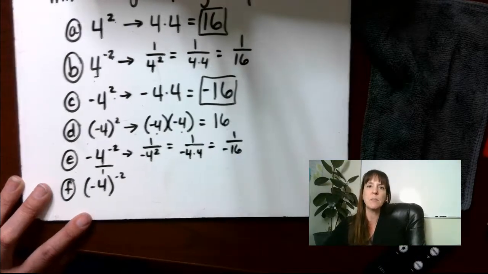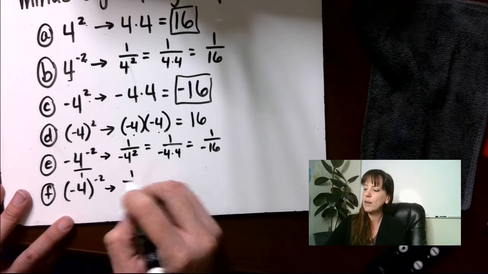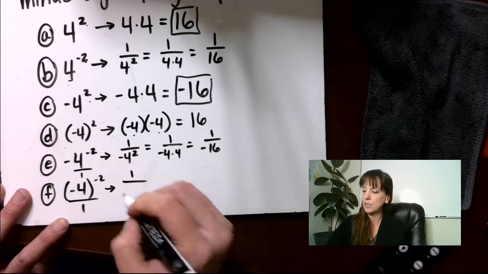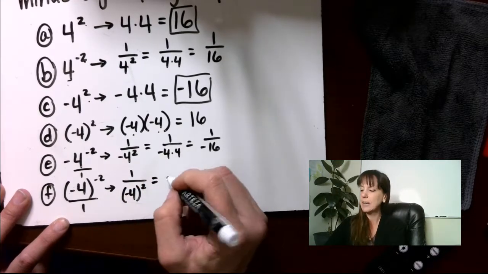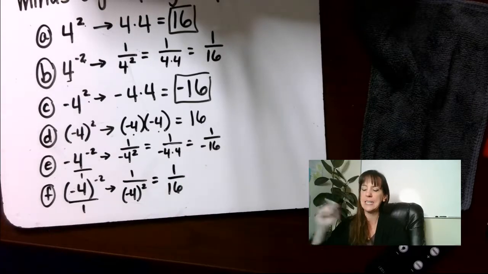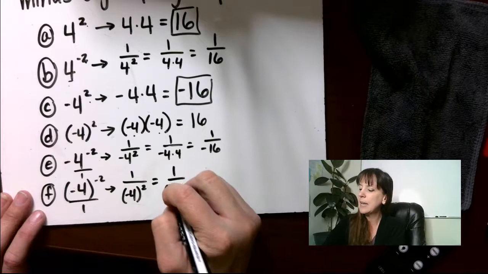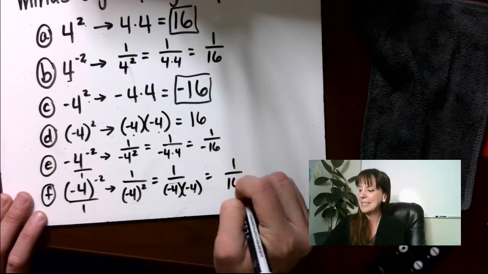And again, that negative can be bumped up to the top or the bottom. For here, we have 1 over, because again, this is over 1 and it's got that negative attitude, so it has to go downstairs. So it's gonna be negative 4 squared. Negative 4 squared is gonna give me 1 over 16. I'll write it out all the way so that you have this. That would be negative 4 times negative 4, which equals 1 over positive 16.